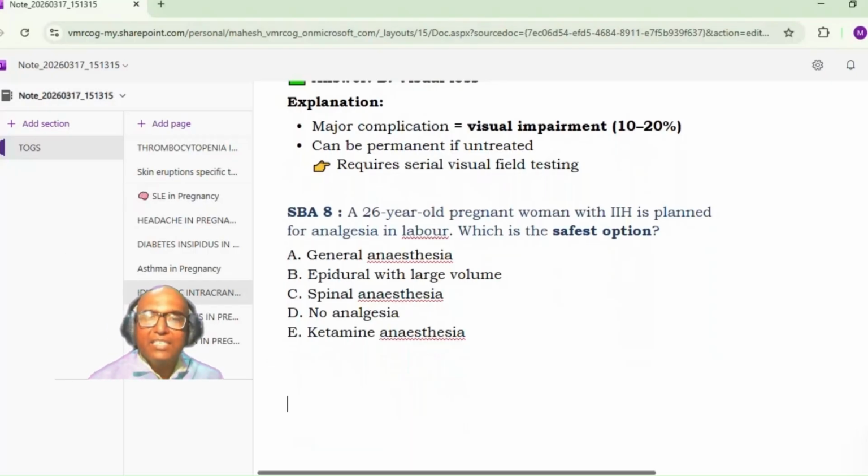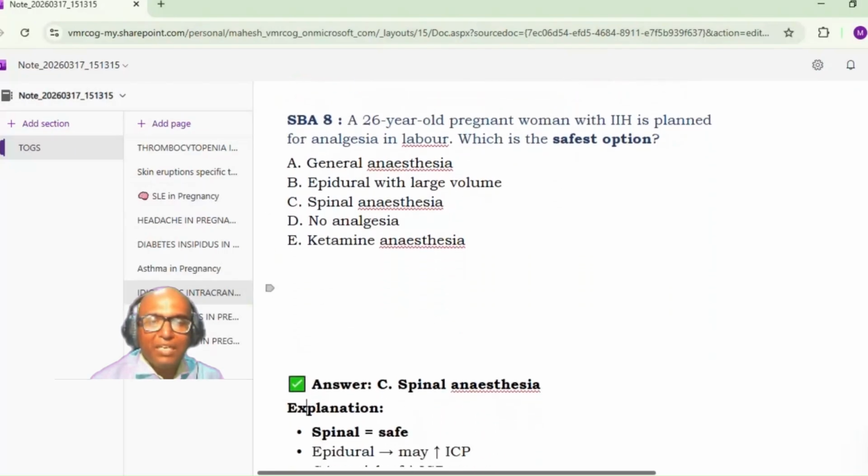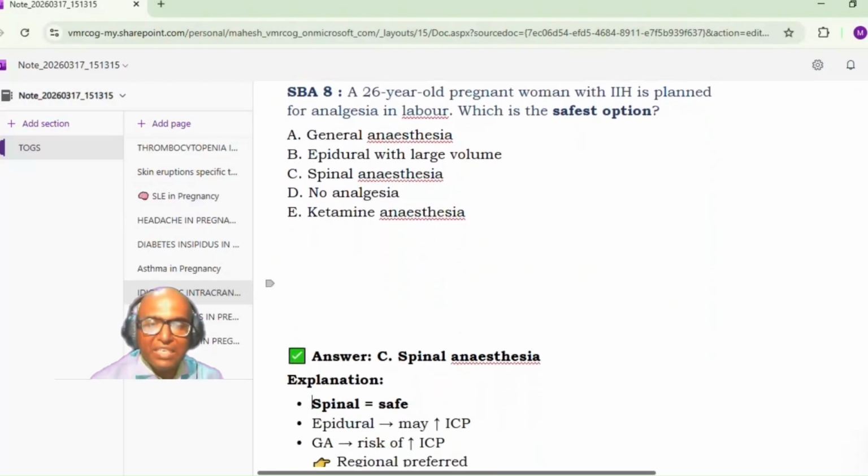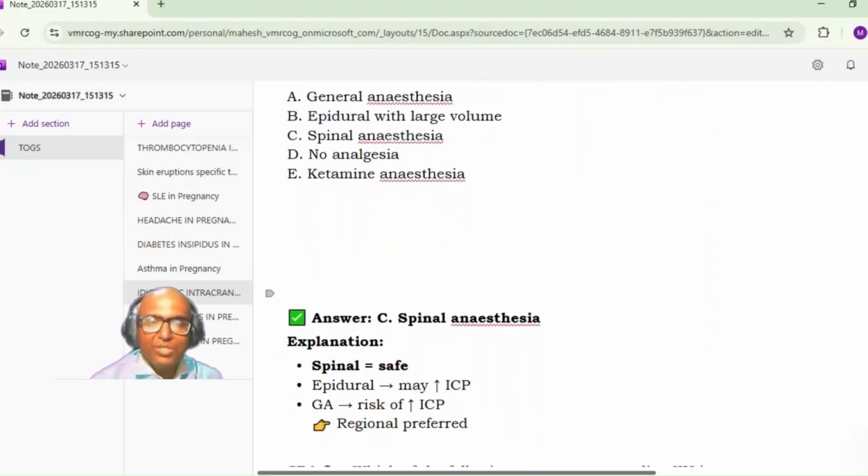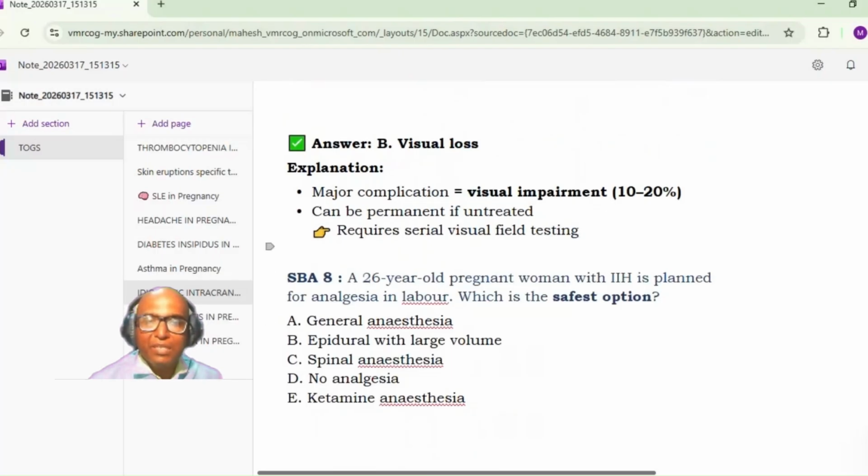Though spinal is not usually given for analgesia purposes, epidural can increase ICP, and general anesthesia increases the risk of raised ICP. Regional is preferred. But practically, this SBA doesn't fit into the practical scenario. This is my personal opinion.